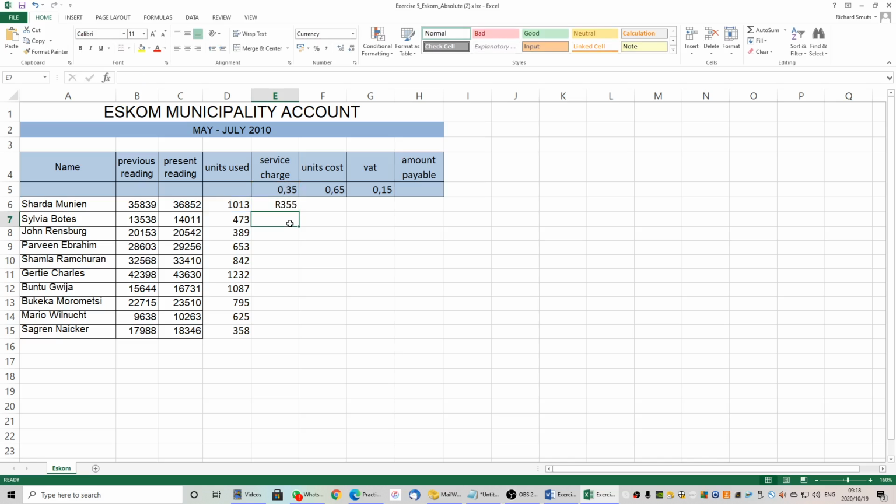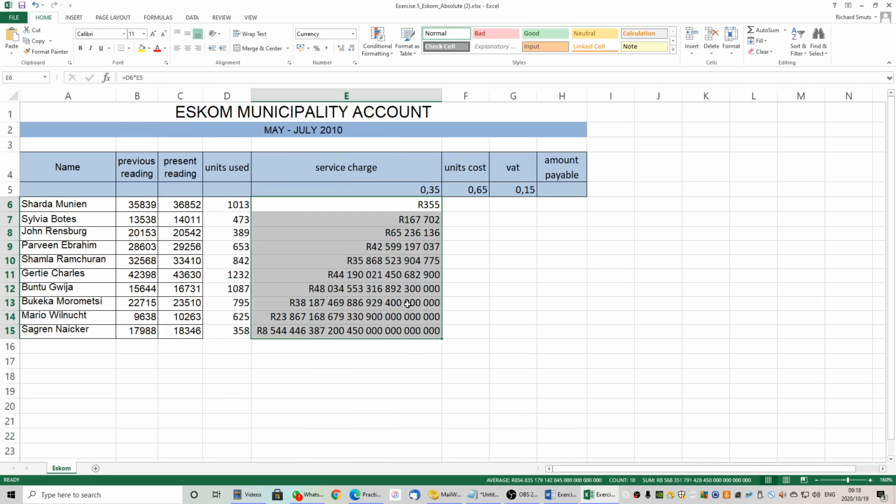I press enter. The first one works, but now we have a problem. We are still using relative cell referencing, and when I copy down, I get a bit of a mess here. Look at that. That's clearly not correct. I don't think you would like an electricity bill of that number.